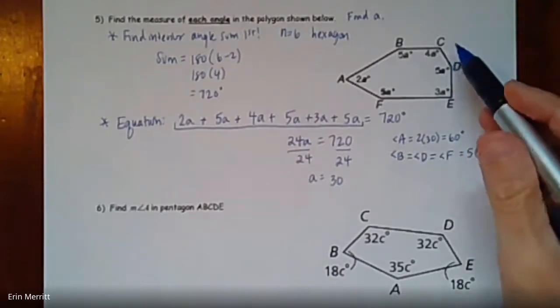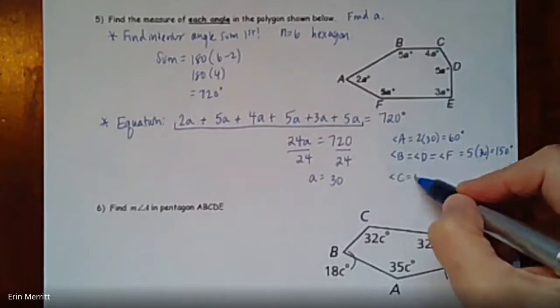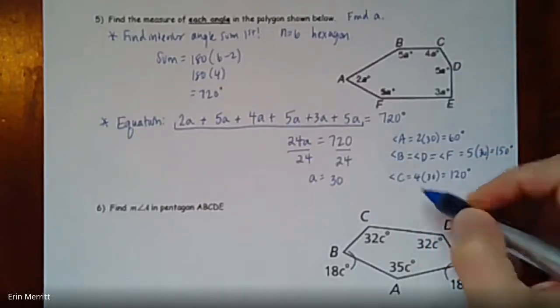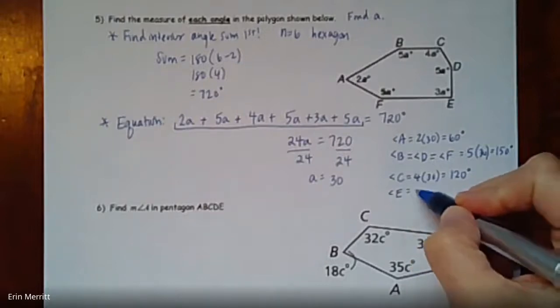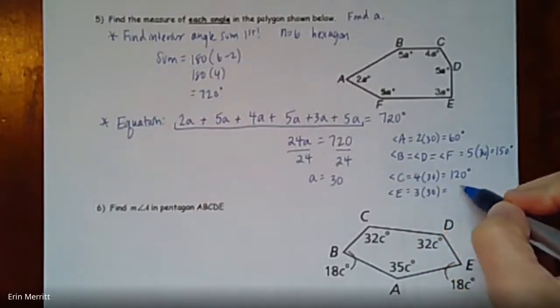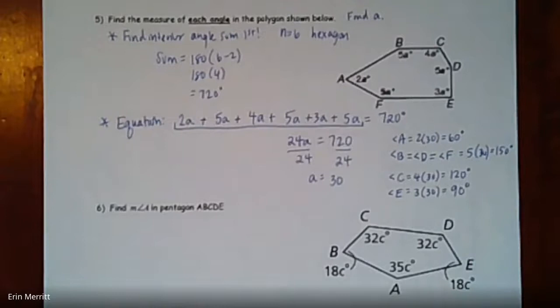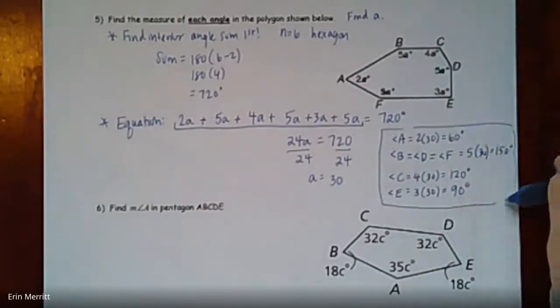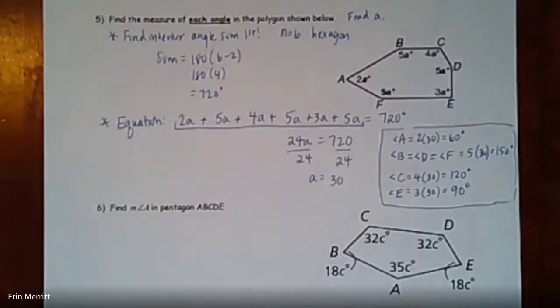And then the last ones are angle C, which is 4 times 30, is 120 degrees. And angle E was 3 times 30. Ooh, comes out at a perfect 90, a nice right angle right there. So there's your answer to the question.